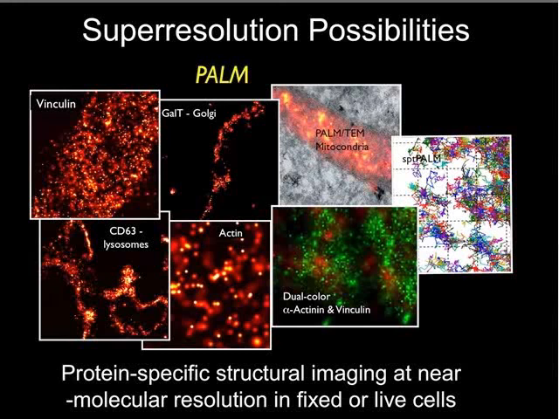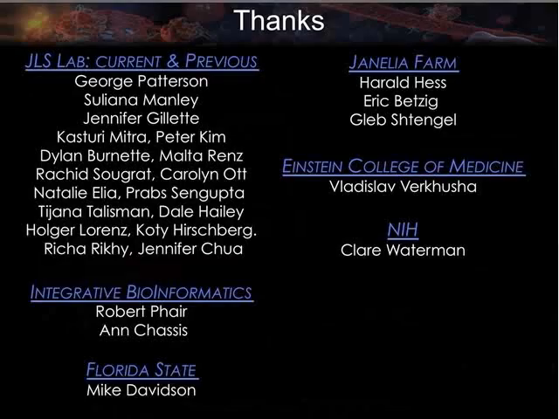And I want to end by thanking some of the key people involved in this work: George Patterson, who developed the photoactivatable GFP in my lab, and Harald Hess and Eric Betzig, who worked with us in developing the PALM and are now continuing their work as physicists at Janelia Farm.